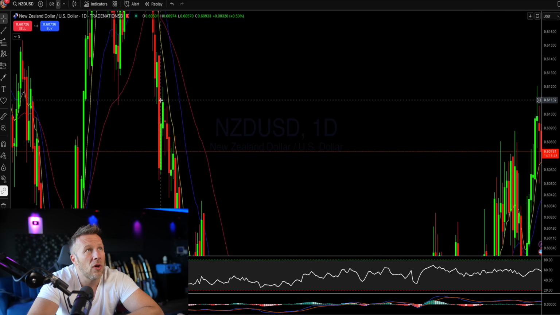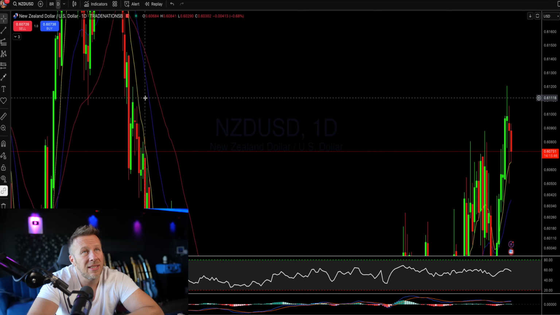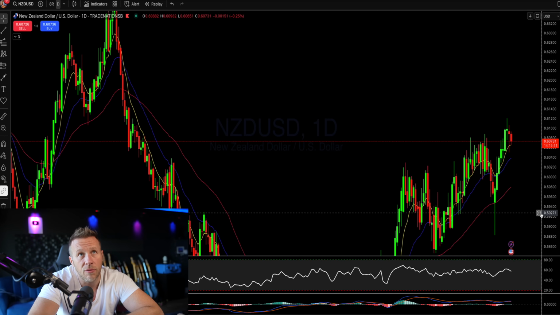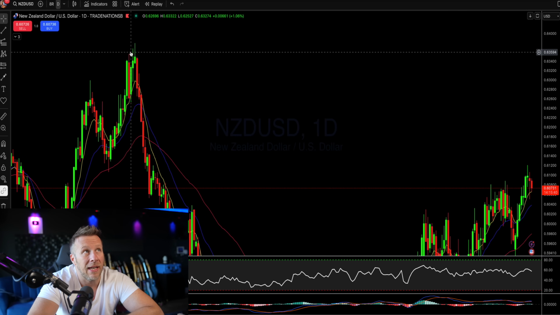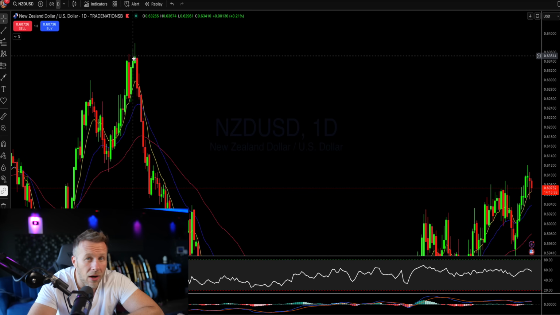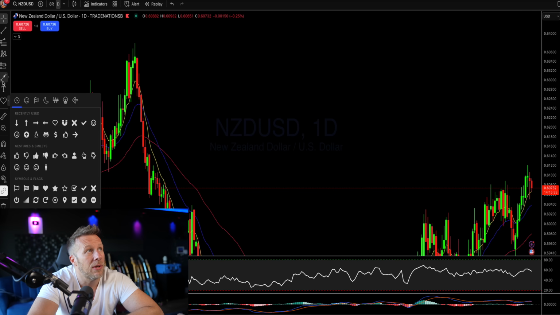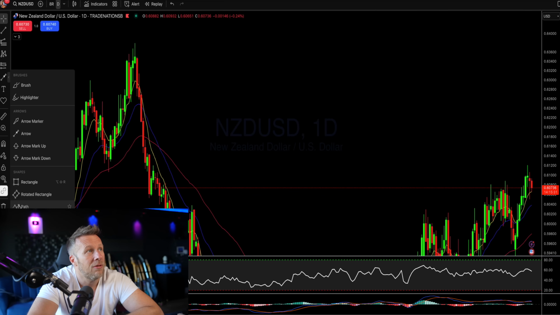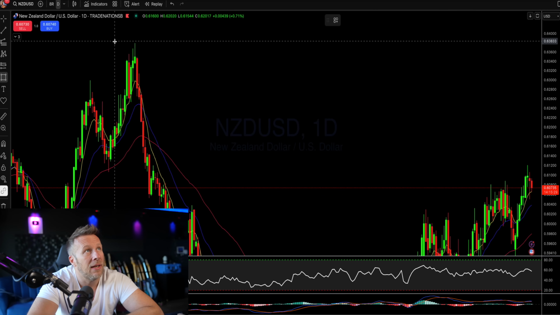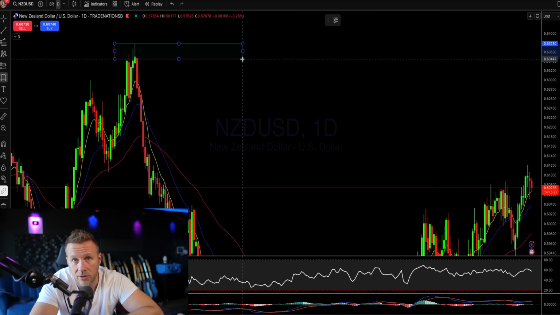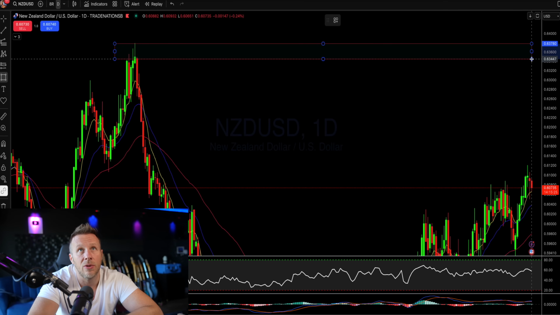Now we've got this level here, okay? So this isn't strong enough for me. I would only look for reversal setups like this up here at the highest high, the highest probability move. Normally I would bring on my rectangle tool, and if you're in tier 1, you've got the VS1 tool which prints this on automatically for you.